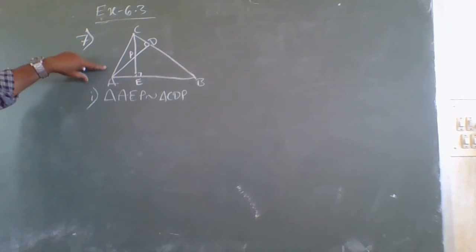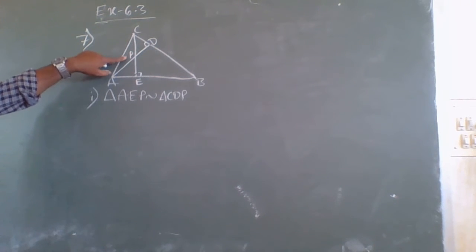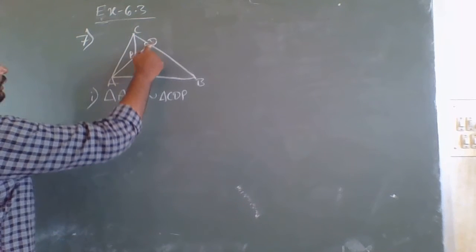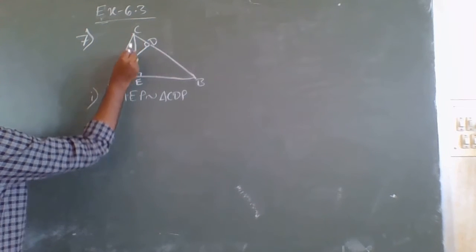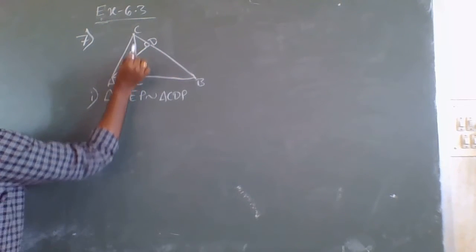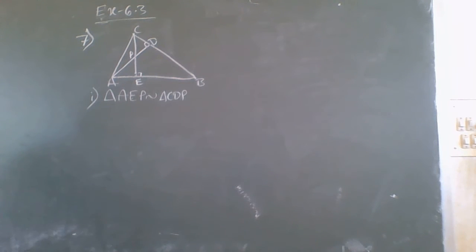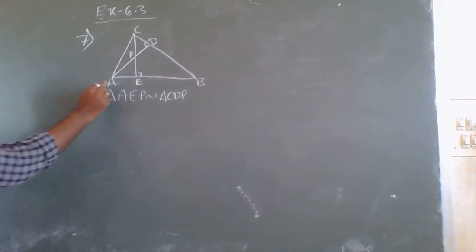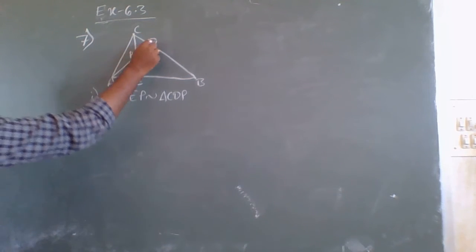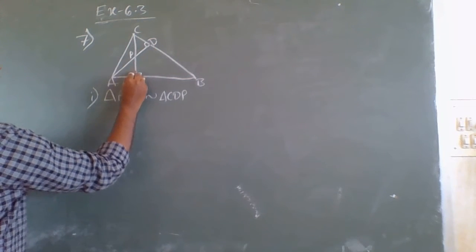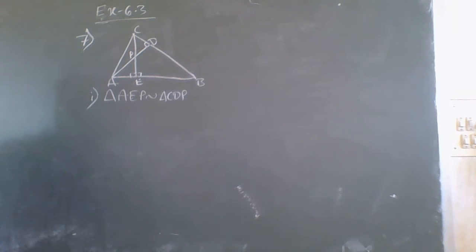Consider triangles AEP and CDP, this triangle and this triangle. To prove this, consider angle AEP and angle CDP. Angle AEP is 90 degrees because that is a perpendicular line.